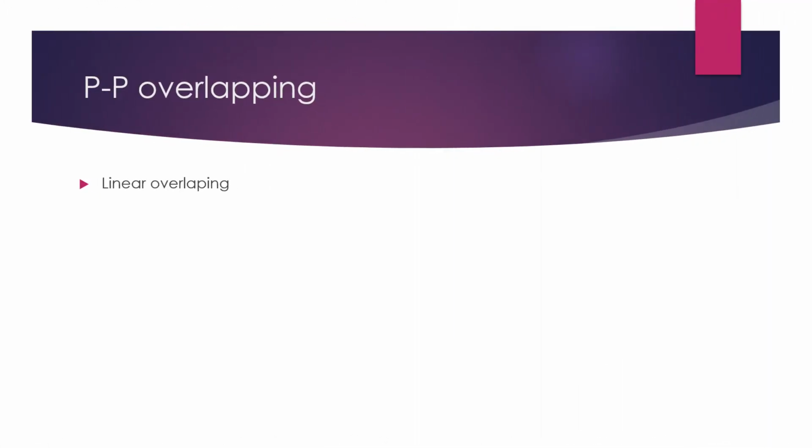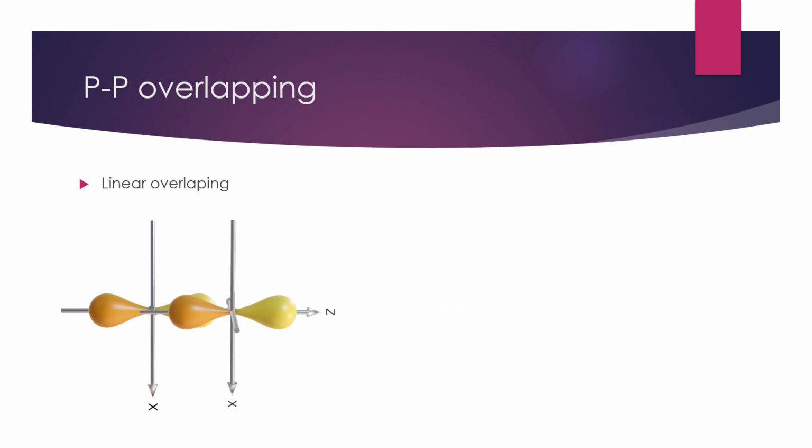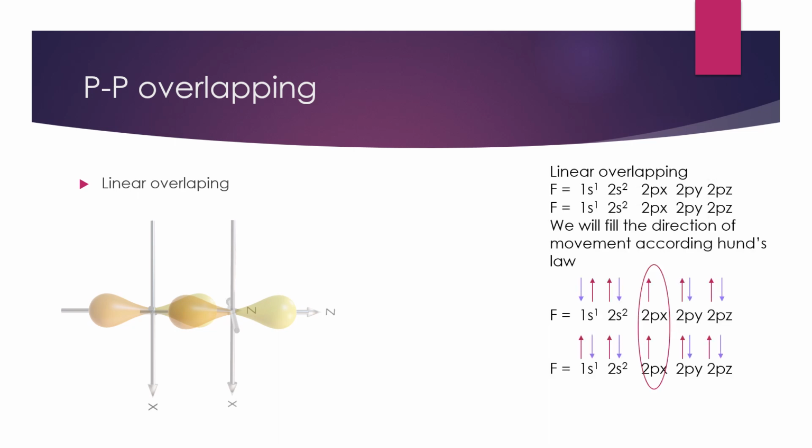p-p overlapping. This is a linear overlapping on the x-axis, or we can say a single axis. When it overlaps, we consider the electrons of fluorine. As I told you in the previous one, s-p overlapping is also possible with an atom of helium or hydrogen.